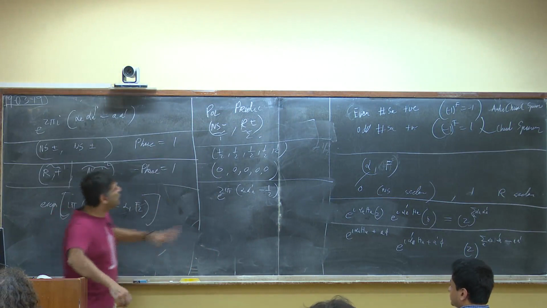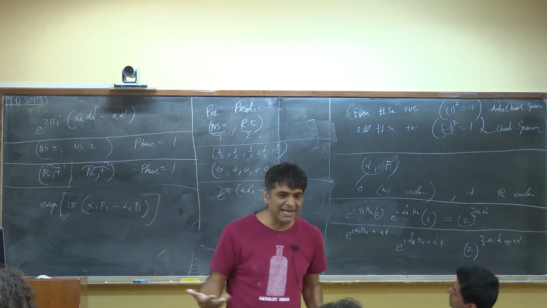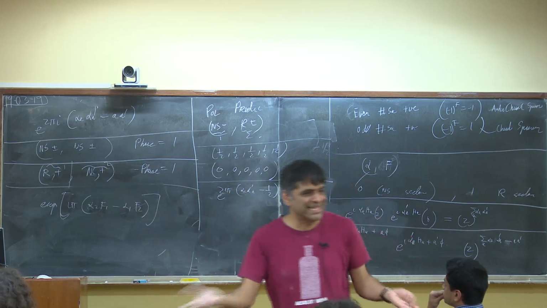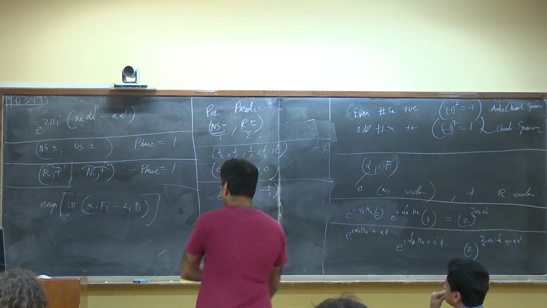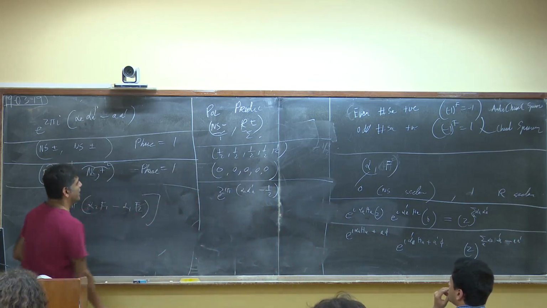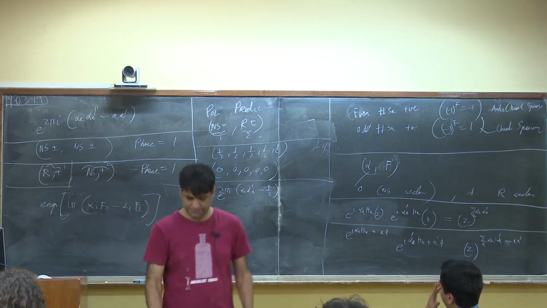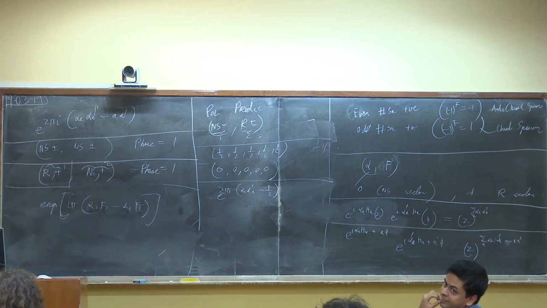And you can go through the same arguments we went through to convince yourself that it doesn't matter that we chose this particular example. It only depends on the sectors. Same kind of arguments. So this implies that any NS minus and R plus or minus does not give a mutually local phase.